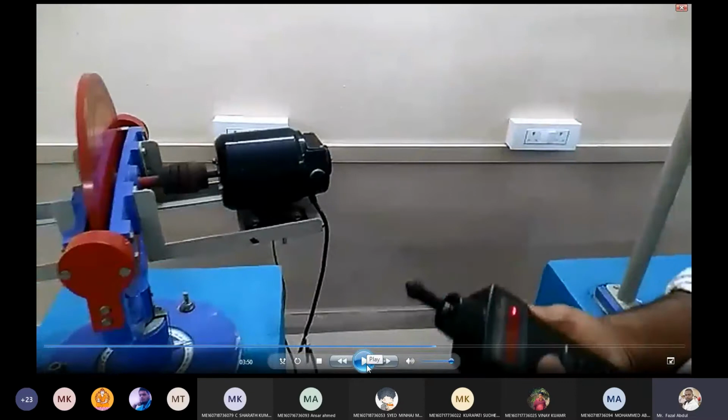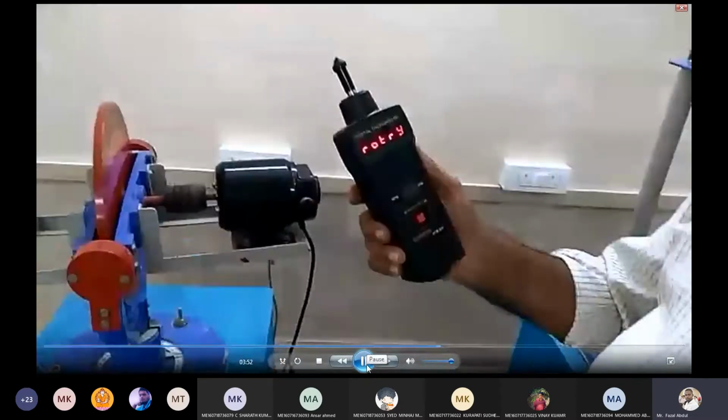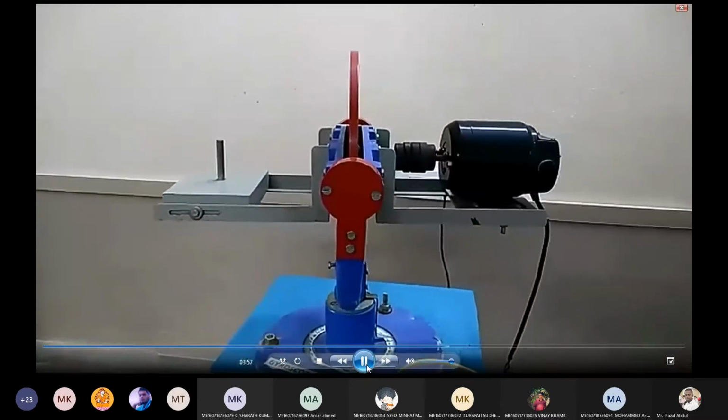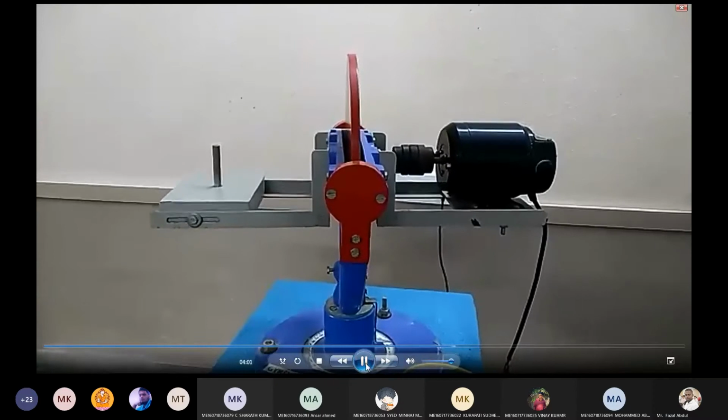we need to apply the load. Because of the application of load, a torque is generated. Because of the torque, the setup will rotate about its own axis.